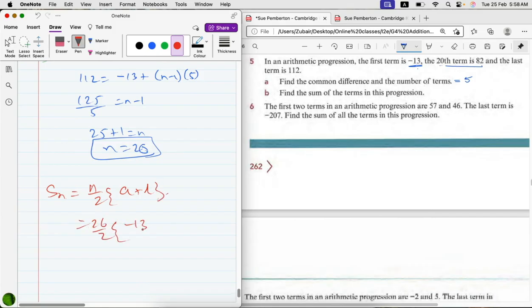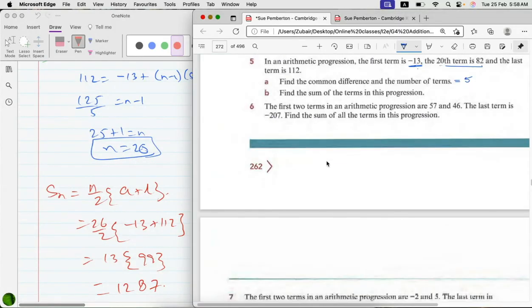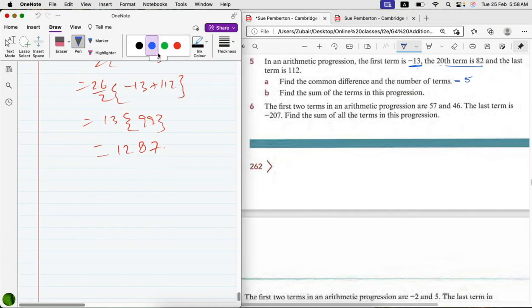First term is minus 13. Last term is 112. 26 by 2 is 13. And 112 minus 13 is 99. 99 times 13 is 1287. 5B: 1287. Clear? Yep. Okay.